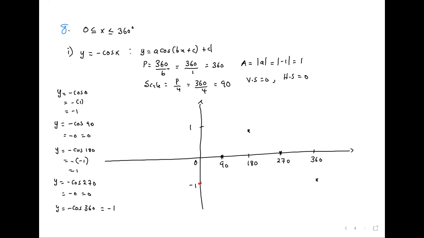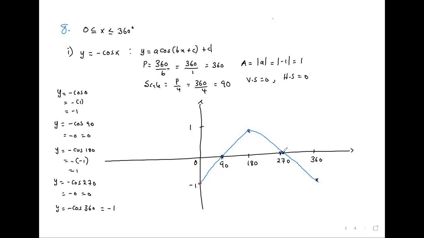So we can sketch something that looks like this over graph. Supposed to pass at the point here. So that is our point. This one here is our point.